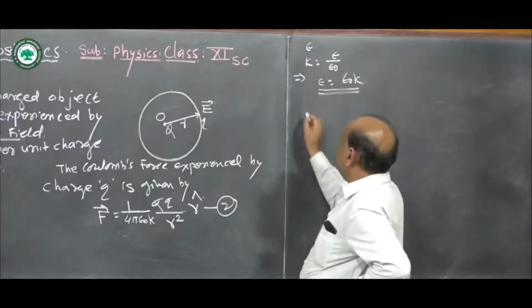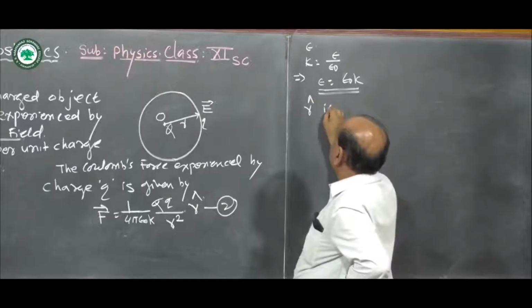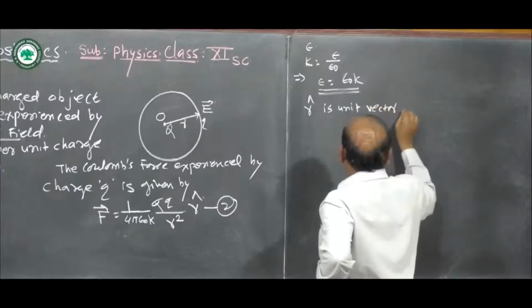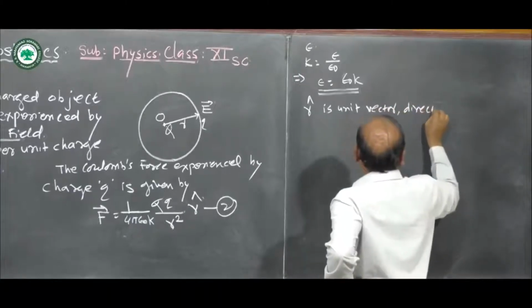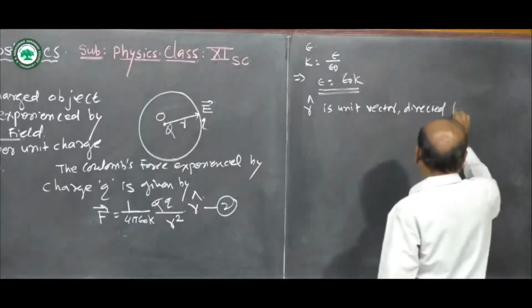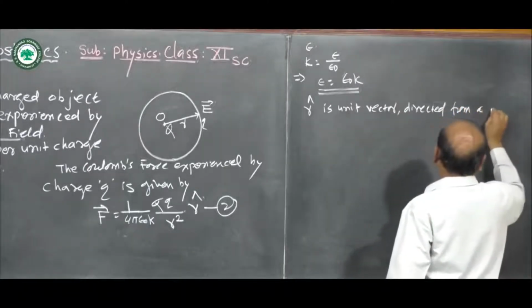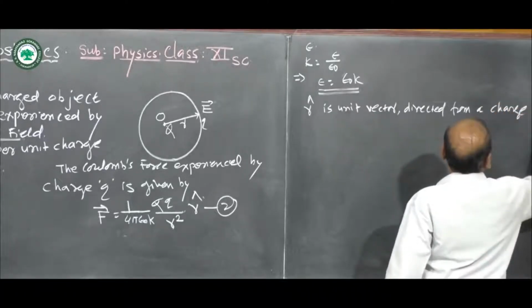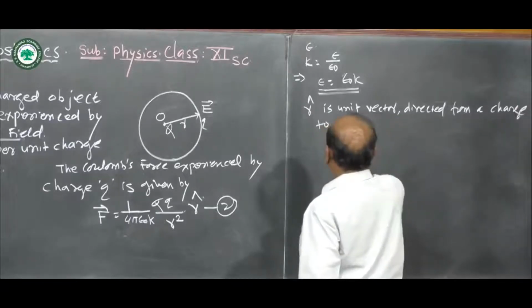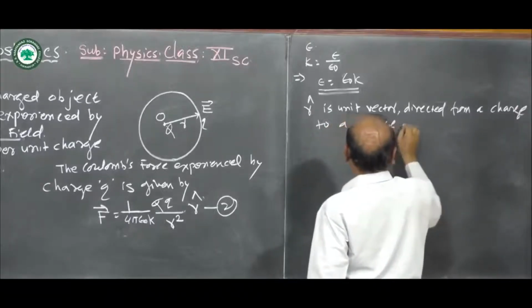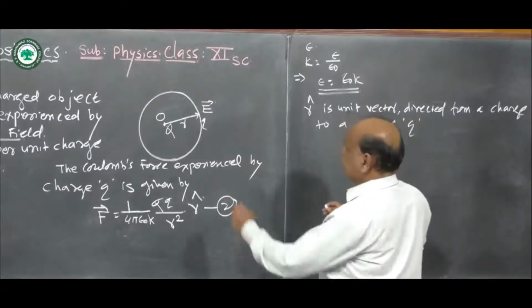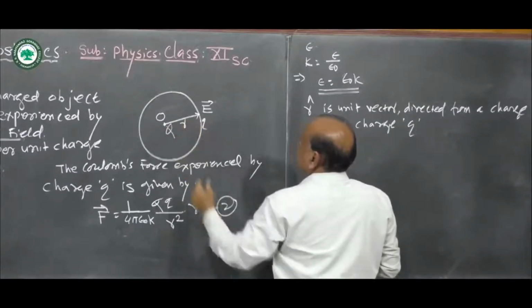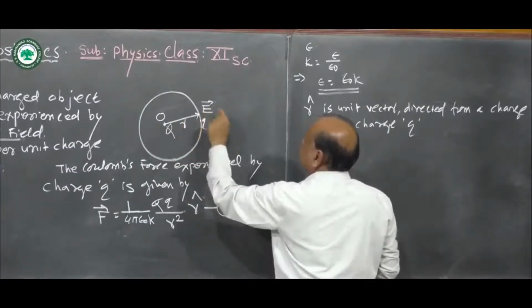And r cap is the unit vector directed from capital Q to small q, which is along the direction of this electric field.